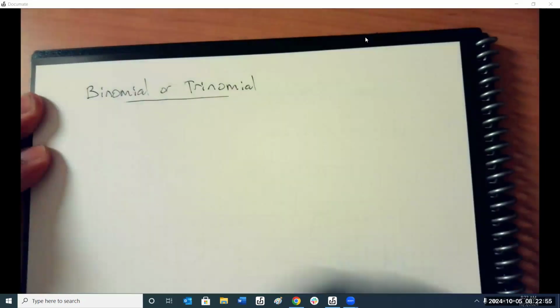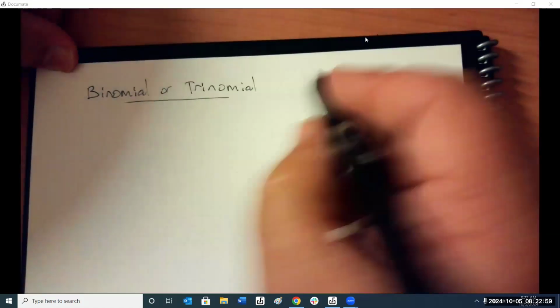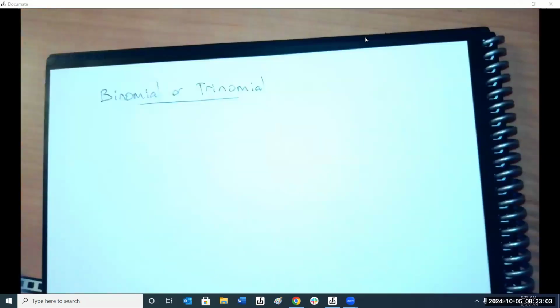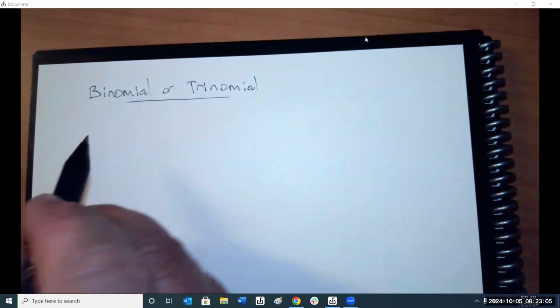In other words, it can be comprised of two terms or it can be comprised of three terms. So binomial looks like this.